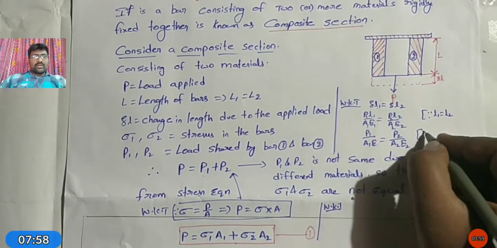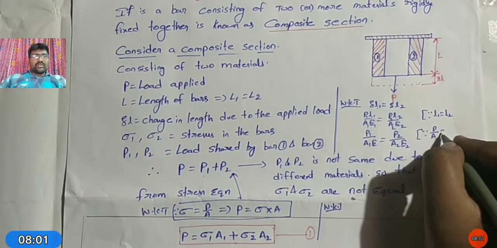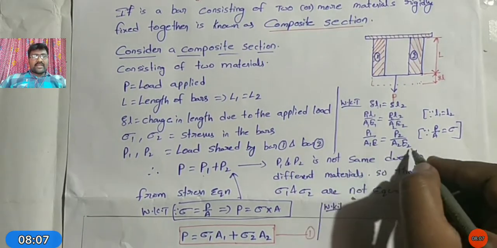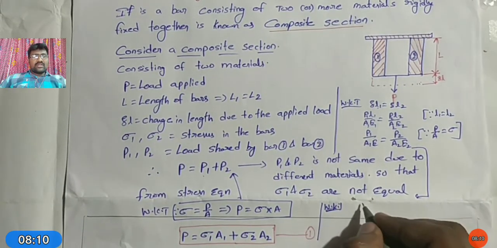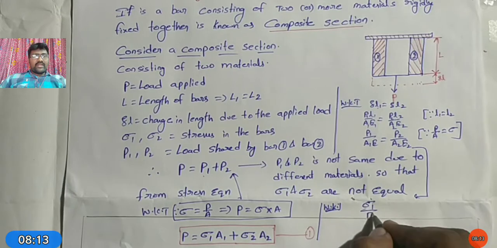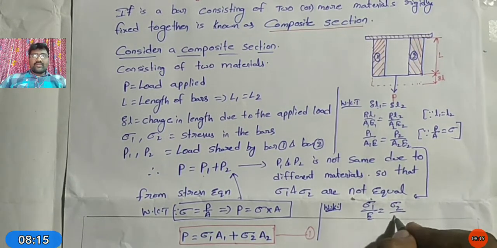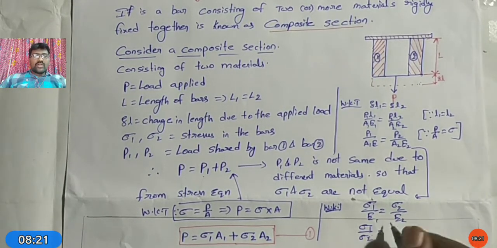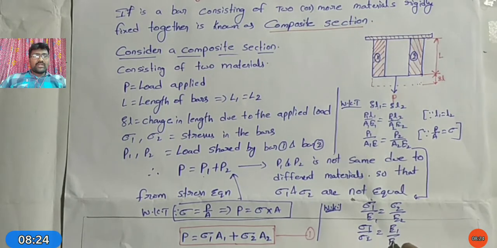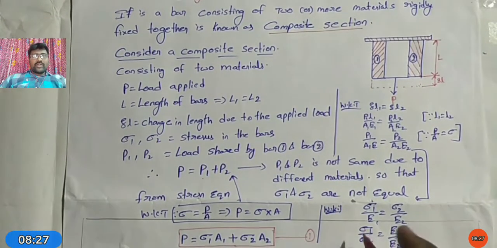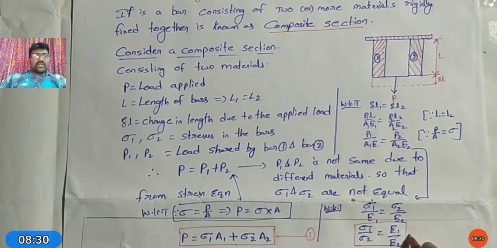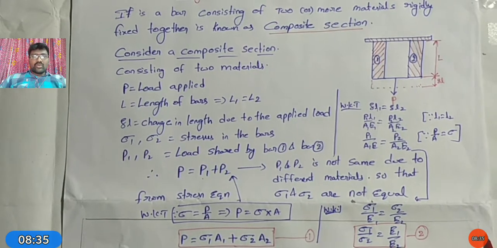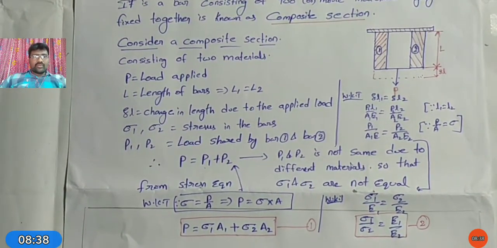We know that P by A is nothing but stress, so this can be written as sigma 1 by E1 is equal to sigma 2 by E2. From this, by cross multiplication, sigma 1 by sigma 2 is equal to E1 by E2. It is the ratio of stresses in the materials, where E1 by E2 is known as the modular ratio.